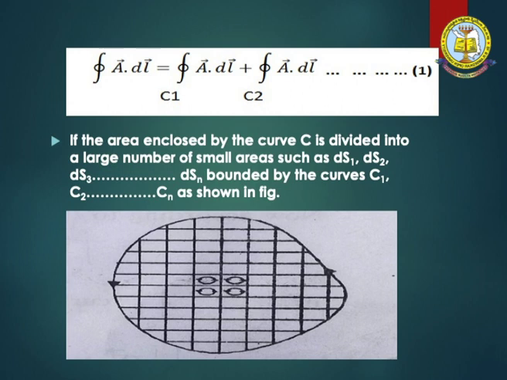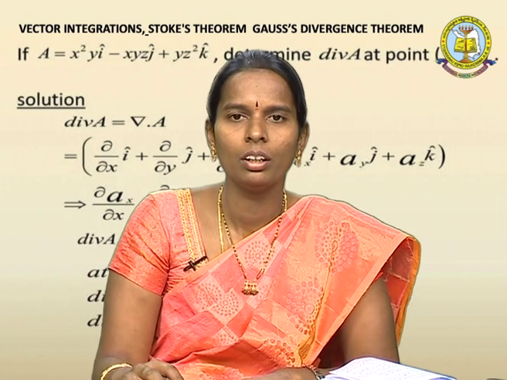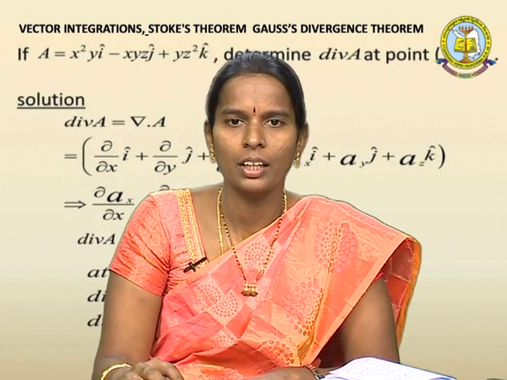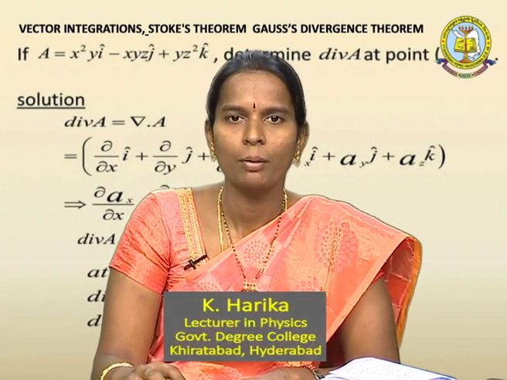You can write this integration of this equation: the integral over C of A dl is equal to the summation of the line integral over Cn of A dot dl. This is for a large number of surface areas, and that is why you can write the summation.